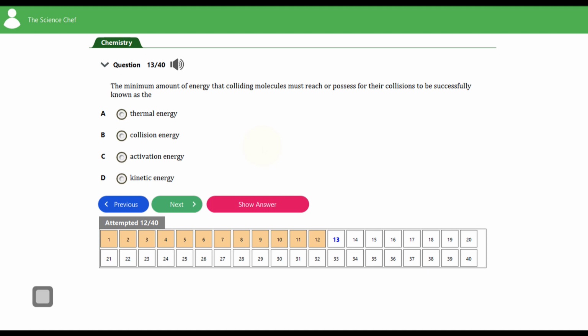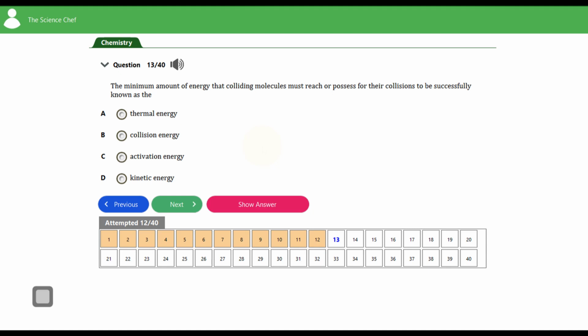So the reactant particles or reactant molecules must overcome the activation energy of that reaction. The energy of the reactant particles or molecules must be greater than or equal to the activation energy of that reaction before any reaction can occur.